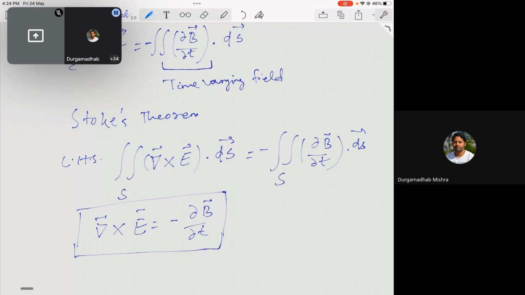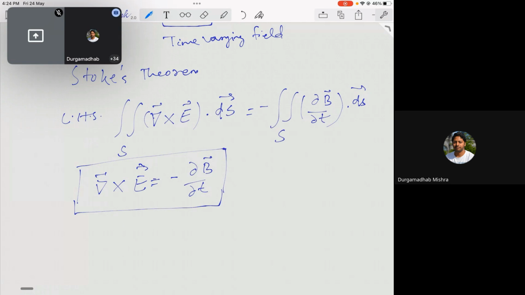Curl of E is equal to minus del B by del t, which represents Faraday's law in a differential form. So if I have a changing magnetic field, that will produce an electric field, and that electric field will lead to a flow of charges or an induced current or induced EMF in a loop.